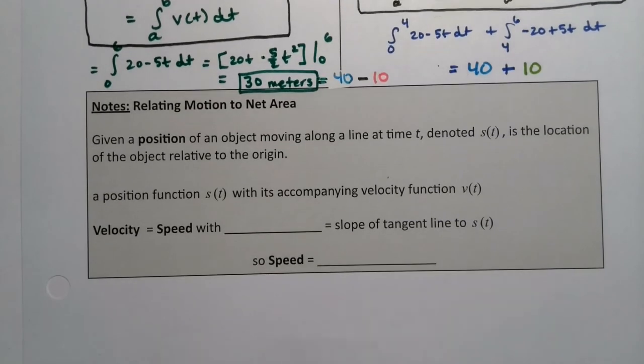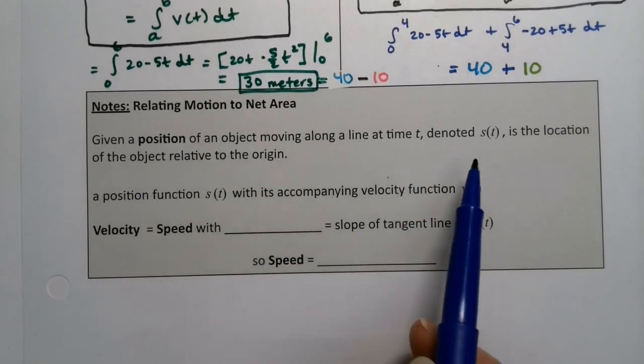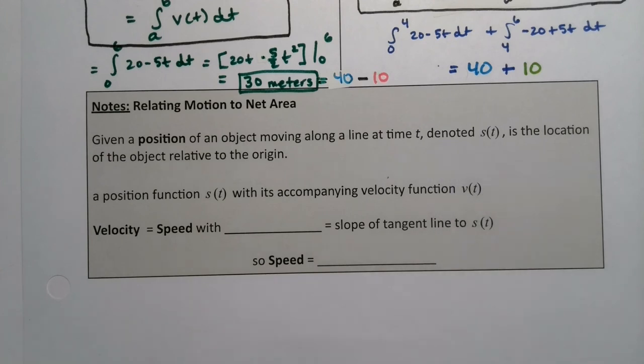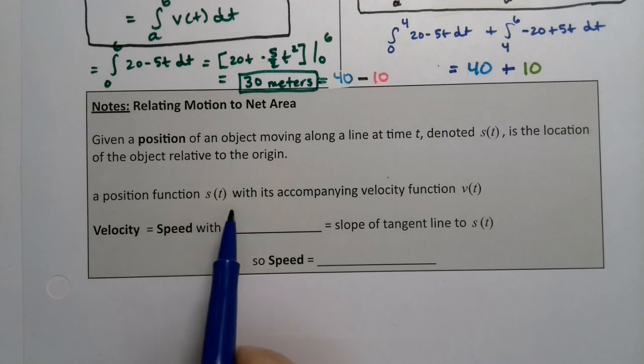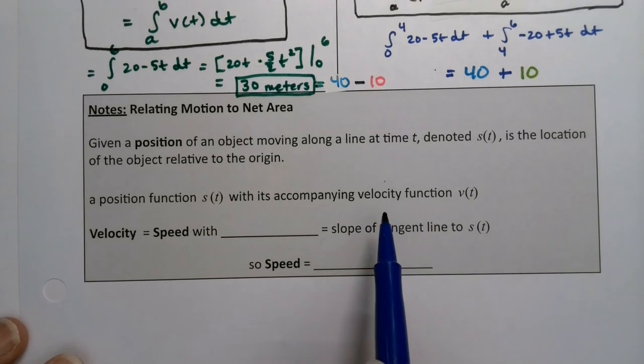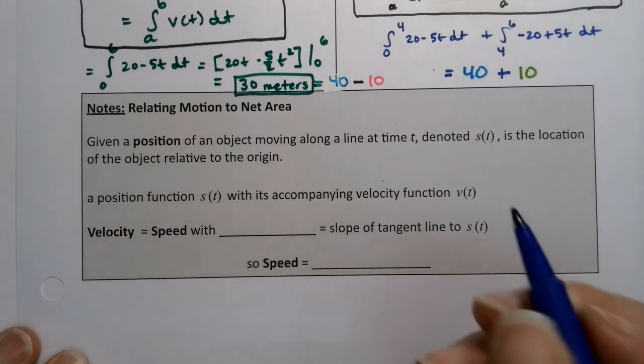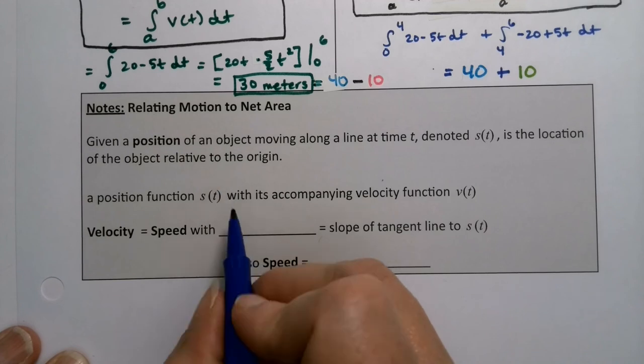All right, so given a position of an object along a line at time t, denoted S of t, is the location of the object relative to the origin. A position function S of t with its accompanying velocity function. Velocity is speed with direction.